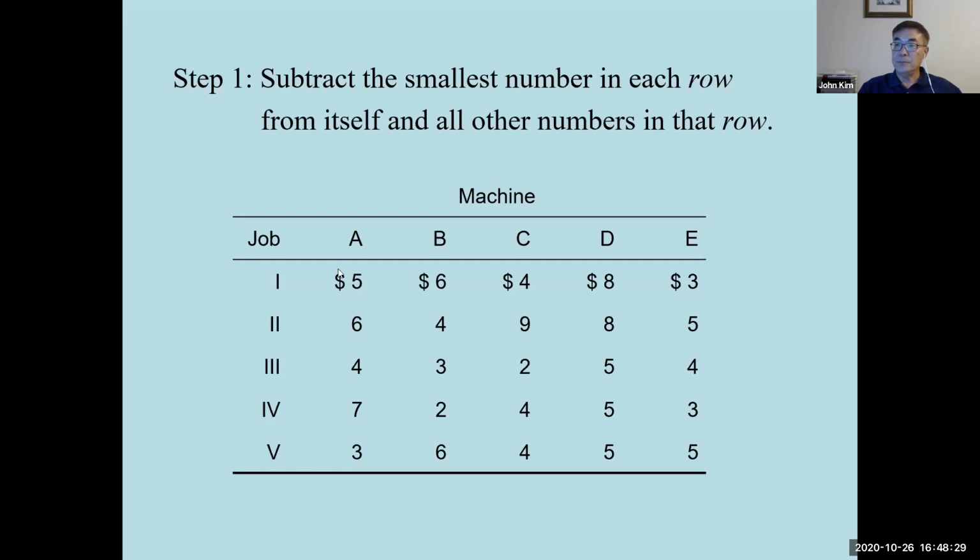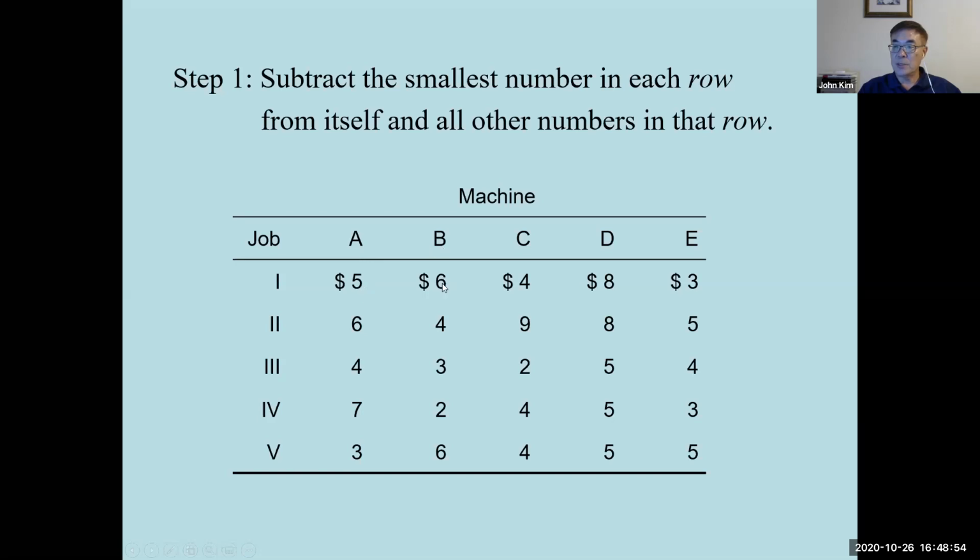Okay. If there are 5 machines and jobs, how can we assign 1 to 1? Those numbers are costs. So if job 1 is done by machine A, then $5.